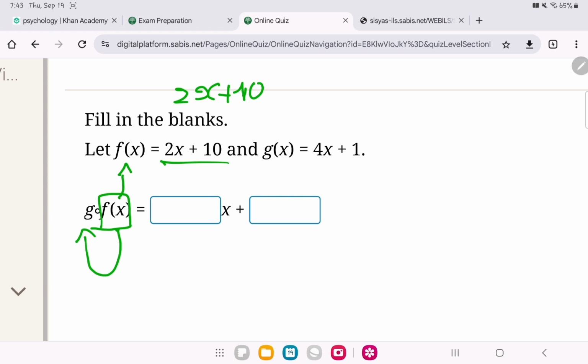Now, since we're going from the right to the left, we're going to replace our value into the g. Whatever value we get here, we're going to replace it into g. Our value for f(x) is 2x plus 10. So now we're going to replace every x in the g by 2x plus 10.